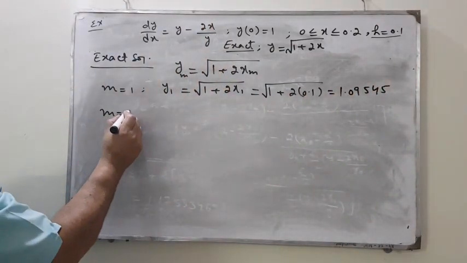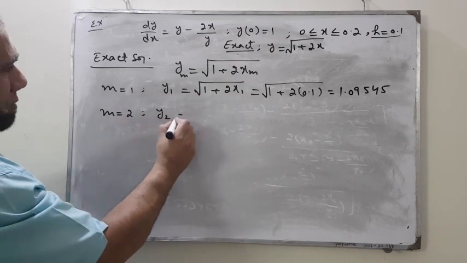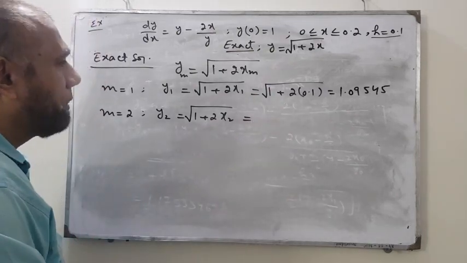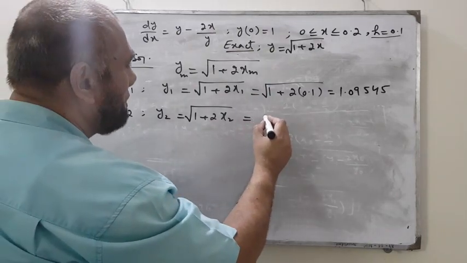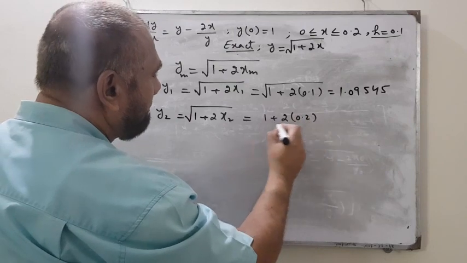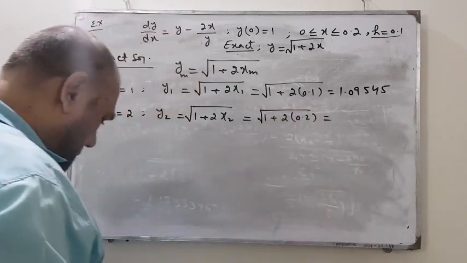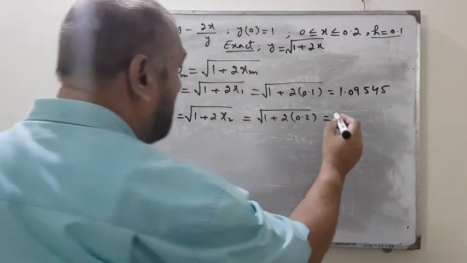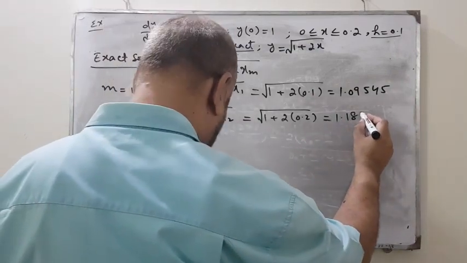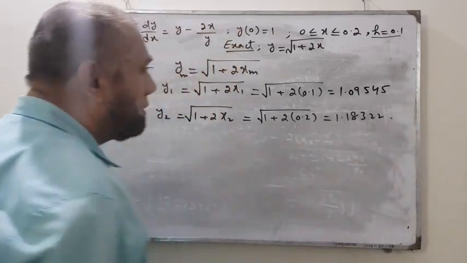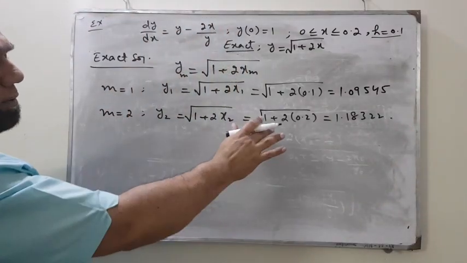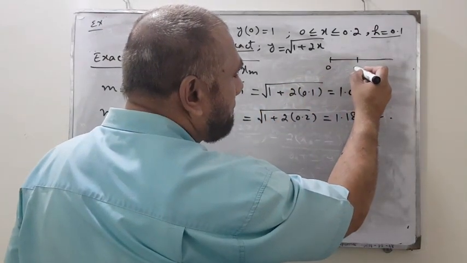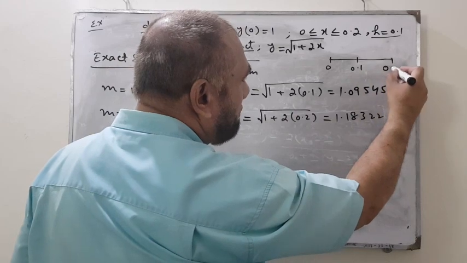And the second requirement, on putting 2, we get y2, square root of 1 plus 2 times x2, and x2 is 0.2. So the net result is 1.18322. So this is the exact solution at the two locations x1, which was 0.1, and x2, which is 0.2.